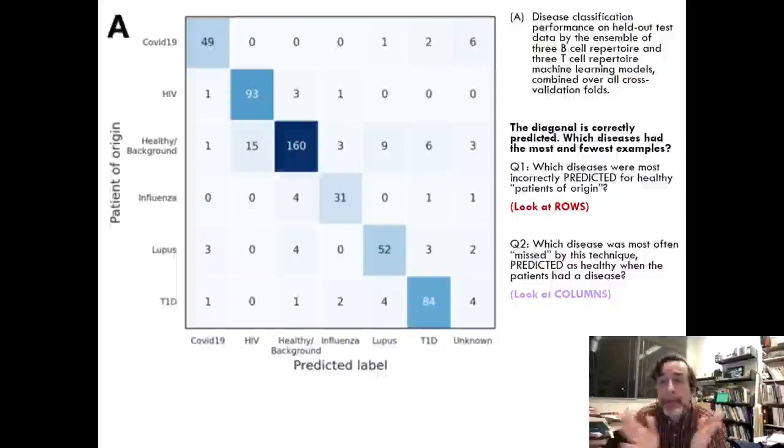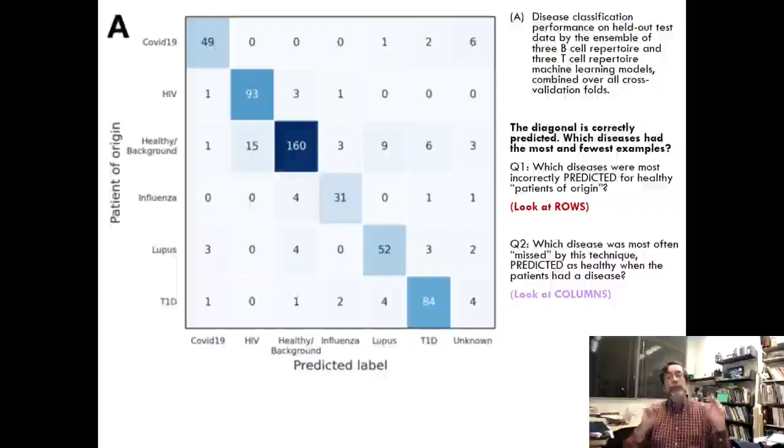So there's a couple of grids about this. All of these grids have predictions on the x-axis and patient of origin, which means the known disease, the clinical data, on the y-axis. So going across, you have the prediction. Going up, you have the actual infection. They're in the same order.